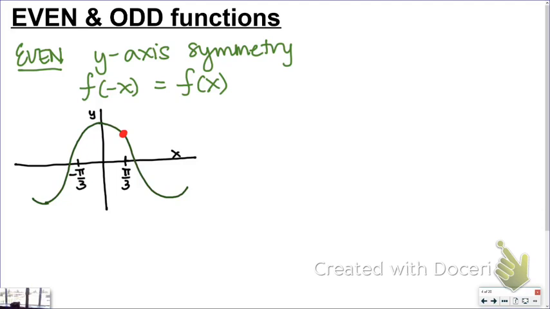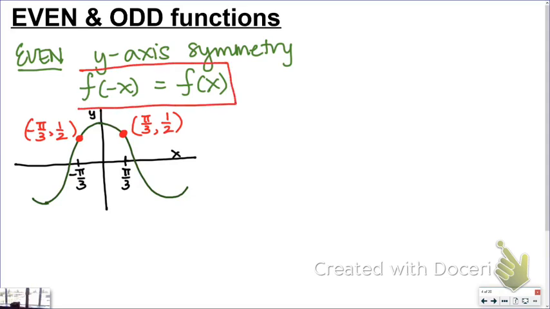This point over here is pi over 3. The cosine of pi over 3 is 1/2. And then this is negative pi over 3, also 1/2. So that illustrates this relationship. There's one example of that working for the cosine function.